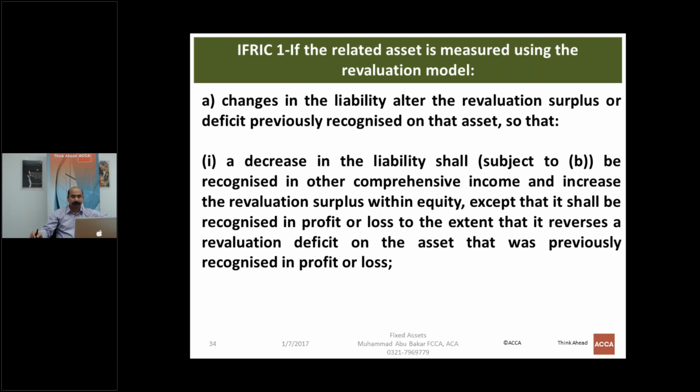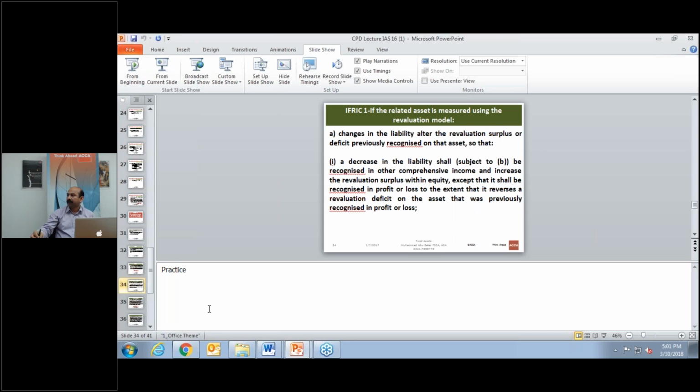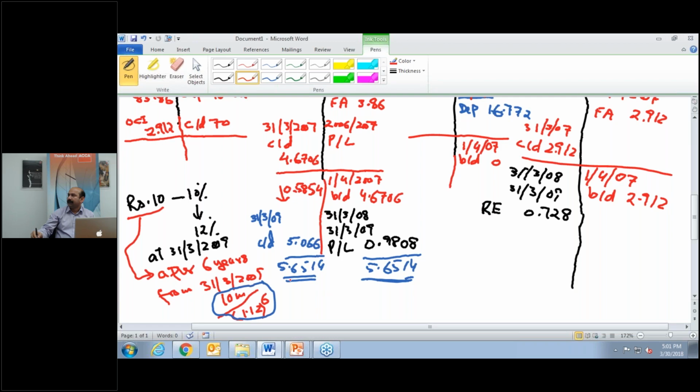Okay, let's go back. So the entry will be: debit decommissioning liability 0.5854, credit other comprehensive income.